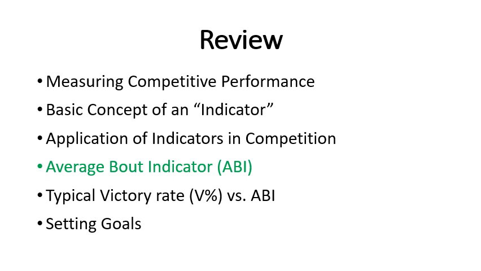We've examined the relationship between the expected victory rate and the average bout indicator, and I hope that in covering all of this material, we helped to establish a foundation for setting effective, smart goals for improving your competitive performance.